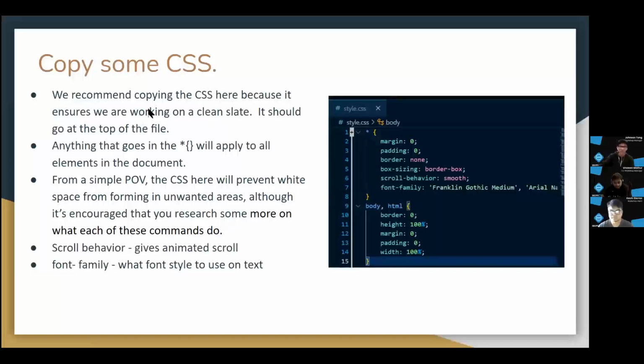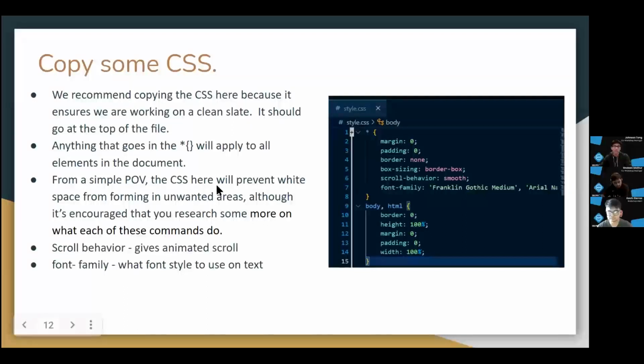We recommend copying the CSS here because it ensures we're working on a clean slate. So there's like default settings that are already set for you that we don't want. That's going to create spacing in certain areas that we really don't want to be there. And anything inside the asterisk and curly braces will apply to the entire document.